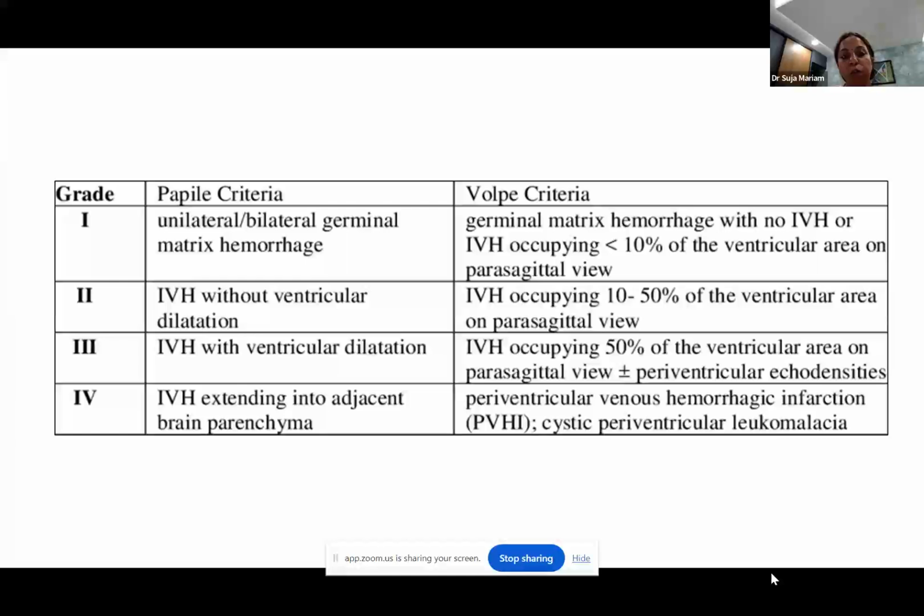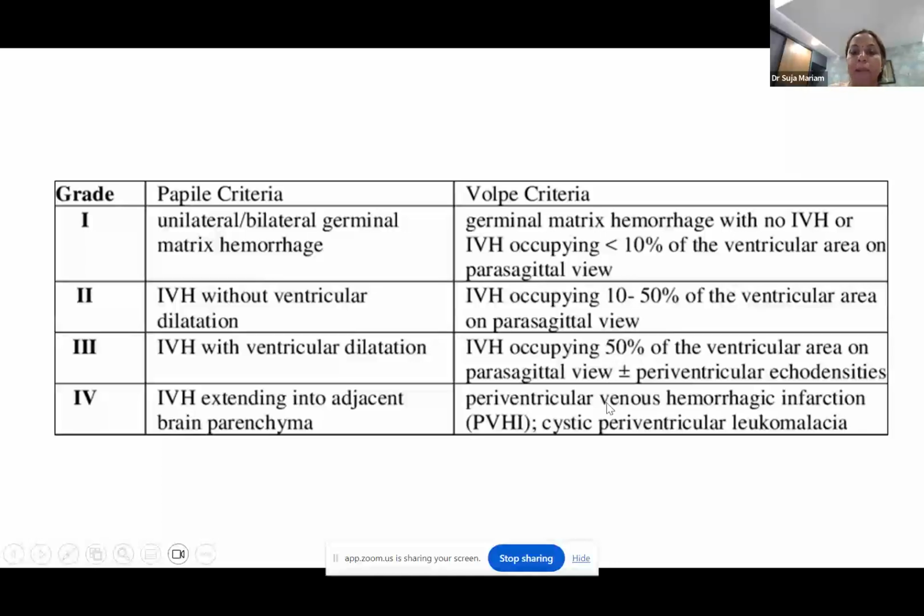So here is what they mention about the ventricular dilatation. So grade 2 is IVH without ventricular dilatation, which I actually mentioned over there, but it is actually only for CT scans. Volpi criteria actually mention the percentage of ventricle which is filled with blood. So less than 10%, 10 to 50%, and IVH occupying more than 50% of the ventricular area.